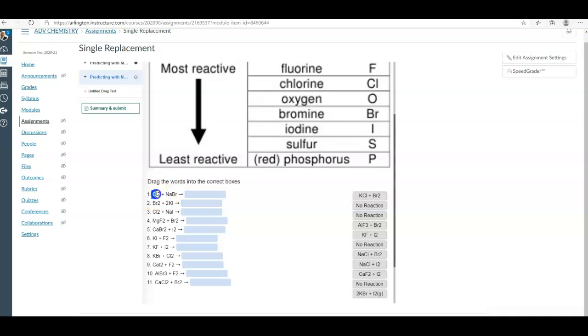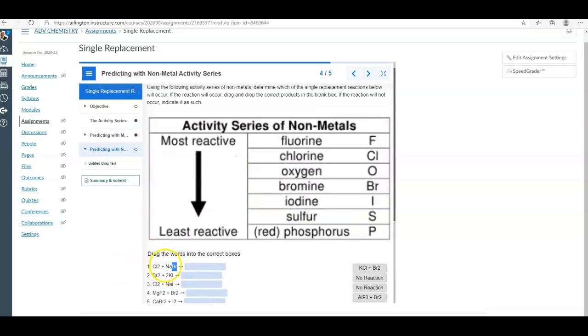We are comparing chlorine to bromine. They're comparing to the non-metal part of it. So in this case, let's look at this first one together.